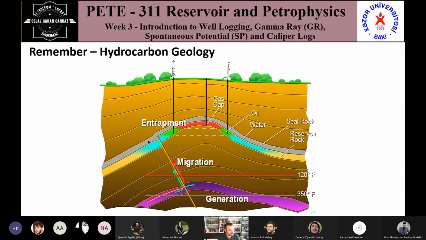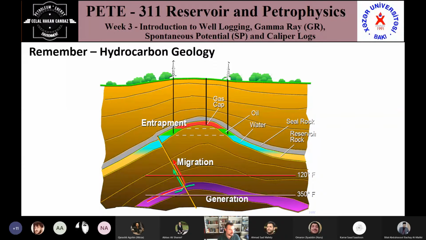When it finds the caprock, it stays, and it starts to be formed according to its density, with the elevation. It starts to form like that and stays in there. It cannot pass the caprock part, right? So this is the first information that we remember.